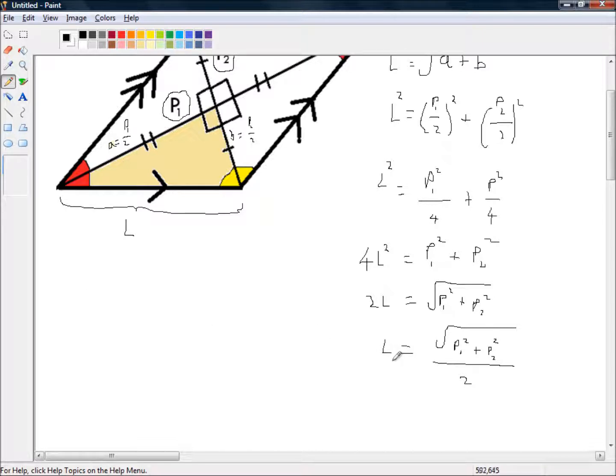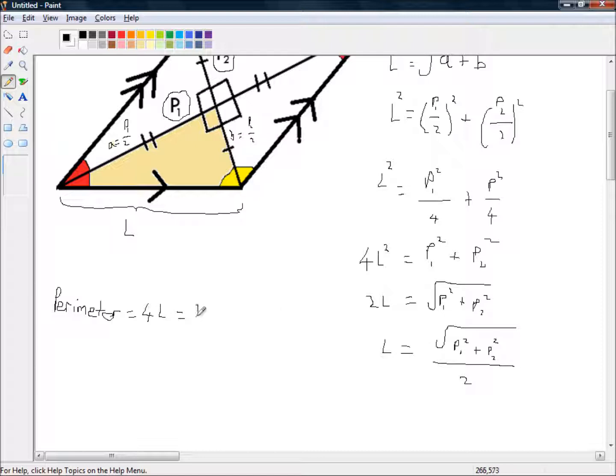So now that we know our length, if we wanted our perimeter, the perimeter is just 4 times the length, because all the lengths are exactly the same in a rhombus. So the perimeter is equal to 4L, which is also equal to, if we multiply all this by 4, we're dividing by 2 and multiplying by 4, so that's 4 divided by 2 is 2.